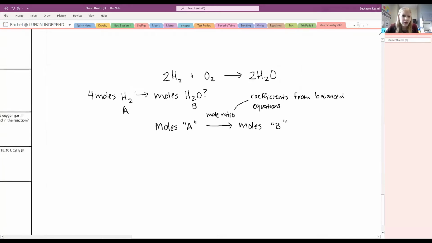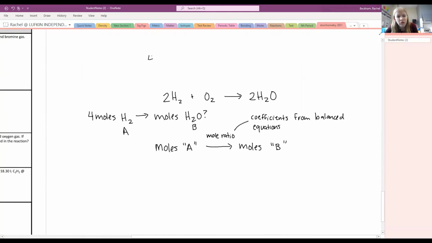So in the example that I just said, if you had 4 moles of H2, and this was your problem here, this is not one in your notes, but you can just pay attention. And you want to get to moles of H2O, you can go straight there. We would want moles of H2 to cancel out, that goes on bottom. And then when you have moles on top and moles on bottom, you use the coefficients in the equation.